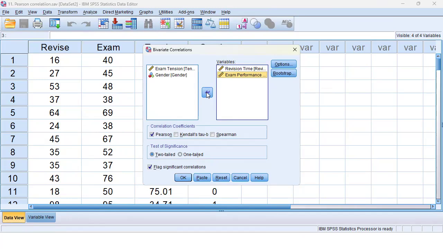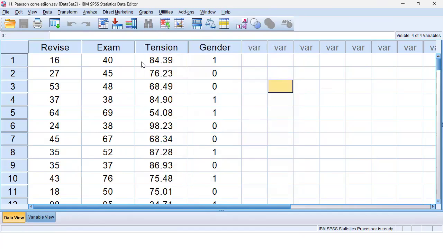Is it clear? By default it is Pearson correlation coefficient, so there is no need to tick, but if not, tick Pearson coefficient and then OK.